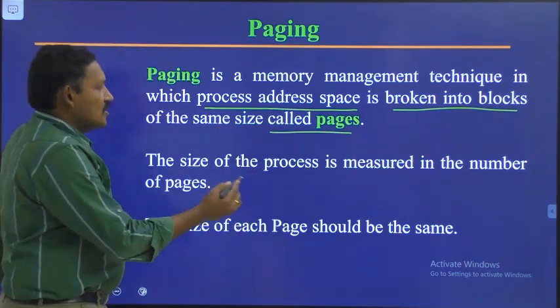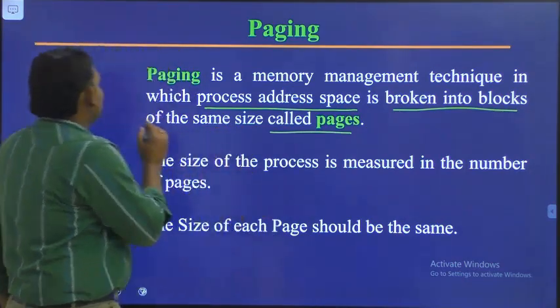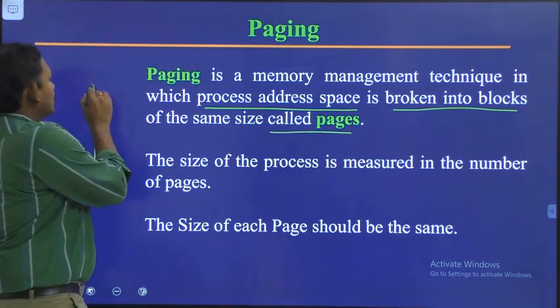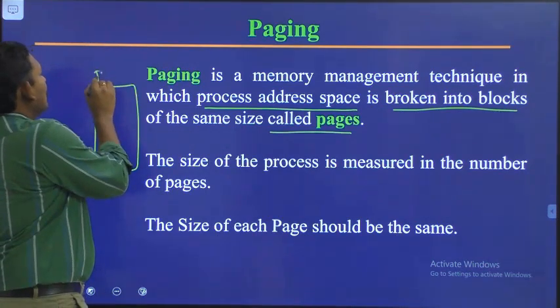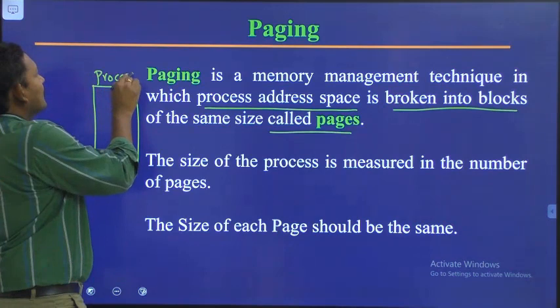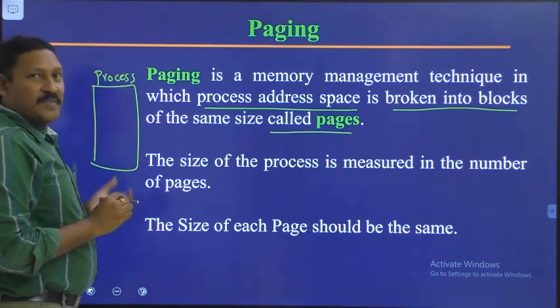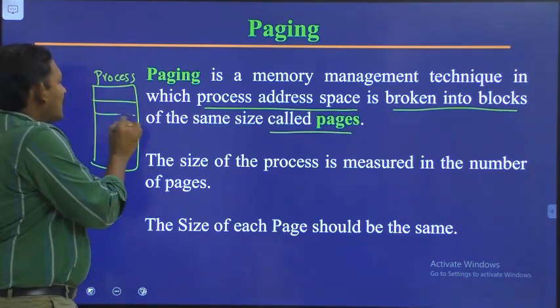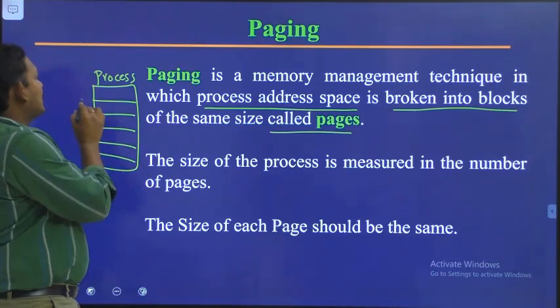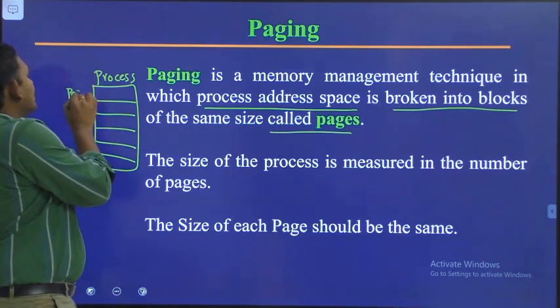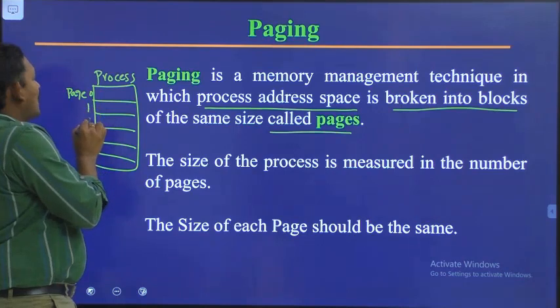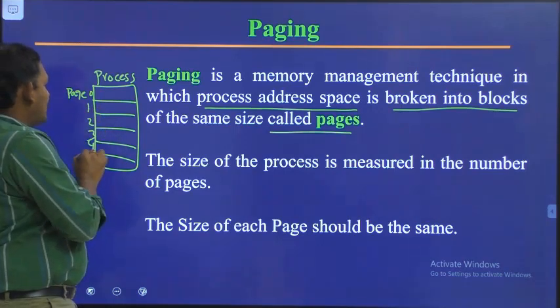Let us suppose this is a process. The process space is divided into a number of pages. Let us suppose this is a page: page 0, page 1, page 2, page 3, page 4, page 5.